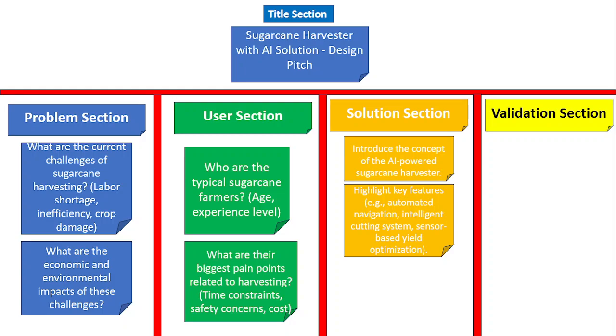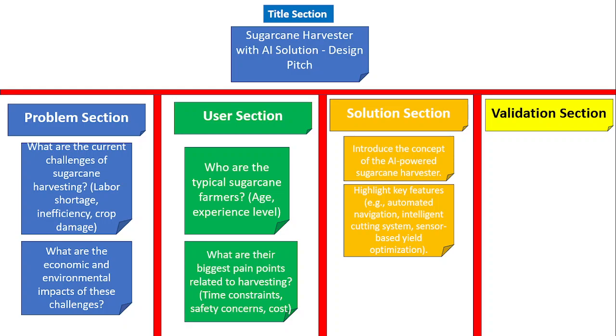You may explain the key features, so highlight your key features, such as automated navigation is available with my newly introduced machine, and the intelligent cutting mechanism is also available, and a sensor based yield optimization system is available, so that farmers can easily market and sell their product at the real cost. Likewise, I may provide the solution to them.